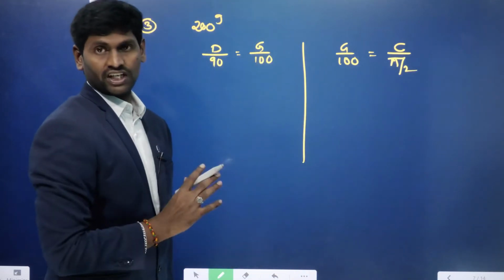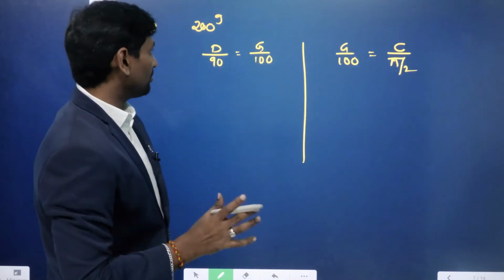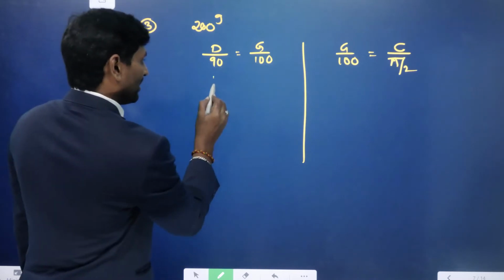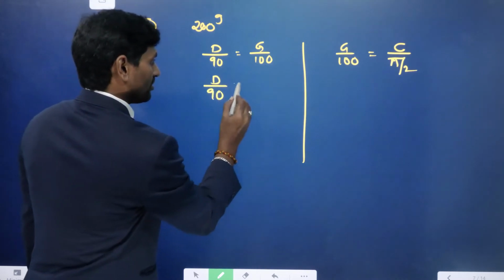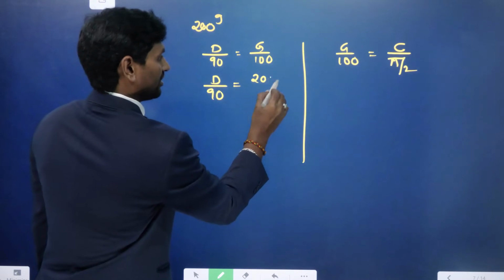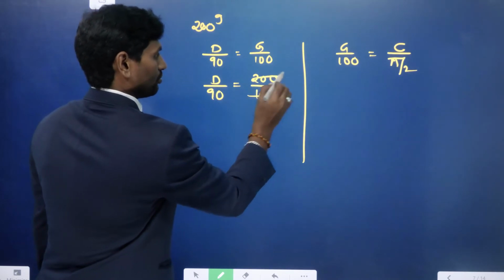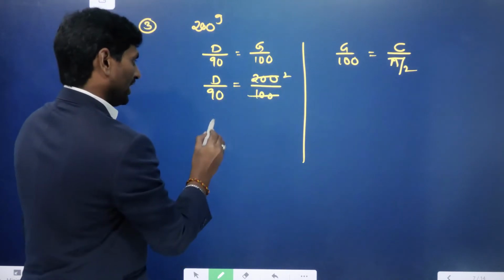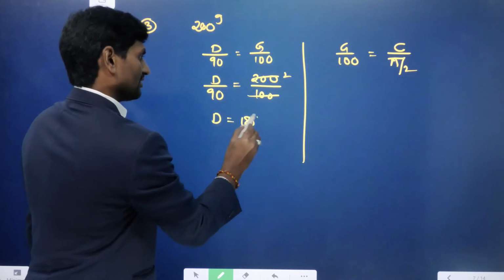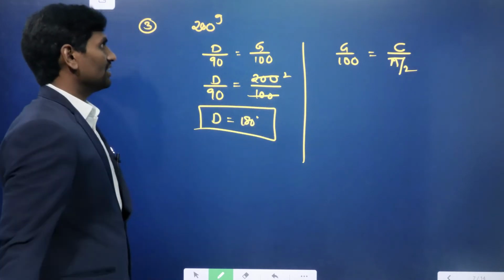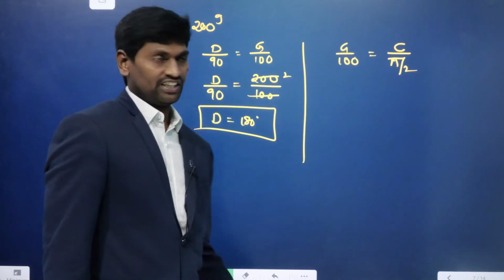Okay, both answers we will try to find, then we can choose the suitable option. D by 90 equals grades 200 by 100, that means 2. So 2 into 90, 2 90s are 180 degrees. 200 grades is nothing but 180 degrees.